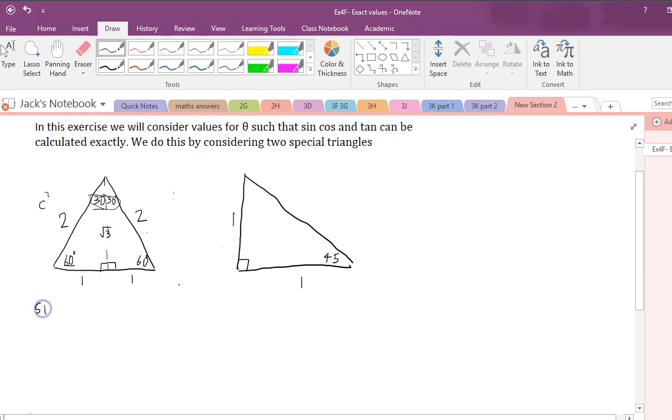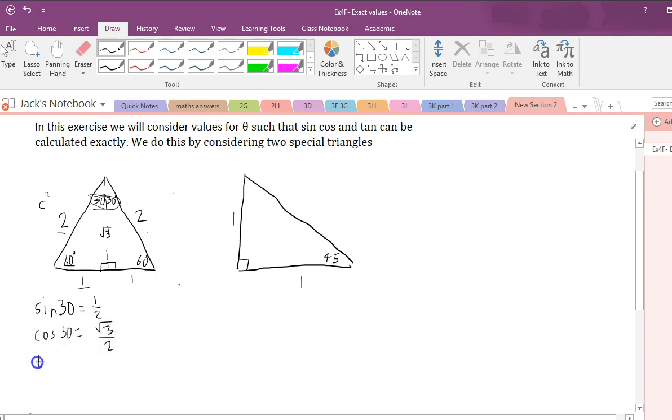Okay, so sine 30, if you wanted, you can pause here and actually go through and do this yourself. Just a bit of revision on trigonometry. Sine 30 is opposite over hypotenuse, which would be 1 over 2. Cos 30 is equal to adjacent over hypotenuse, which is equal to root 3 on 2.